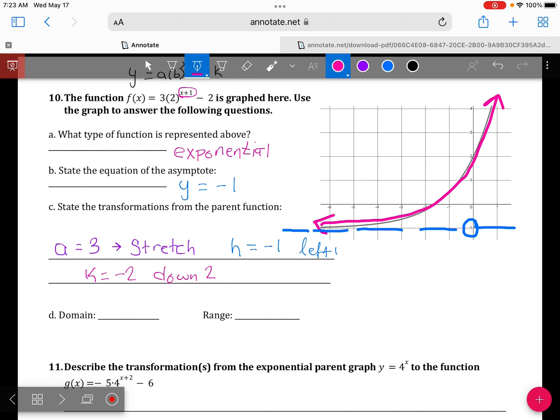All right, so we're gonna look at the picture and identify our domain and range. So our domain, what X values work? Well, all of them. I have an arrow that goes this way and an arrow that's going up and out that way. So our domain is all real numbers, or you can say it goes from -infinity to +infinity.